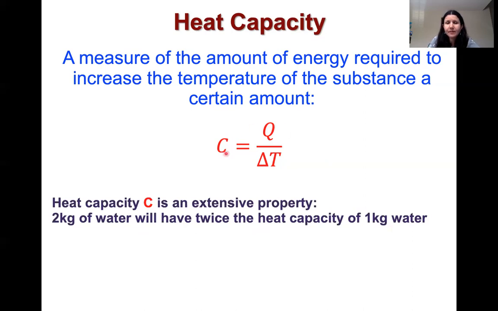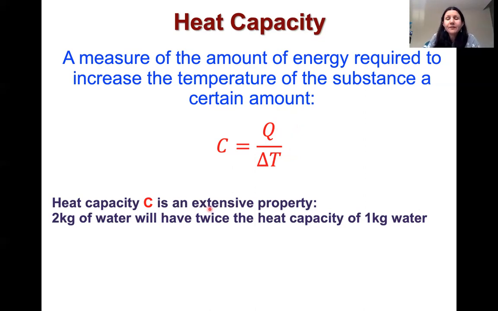So in other words, to change 1 kilogram of water by 1 degree Celsius requires a certain amount of energy. But if you want to change 2 kilograms of water by that same amount of 1 degree Celsius, you would need to double the Q. So double the Q means also double the heat capacity.